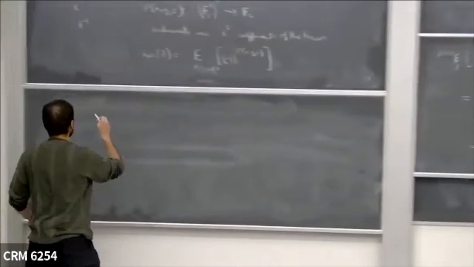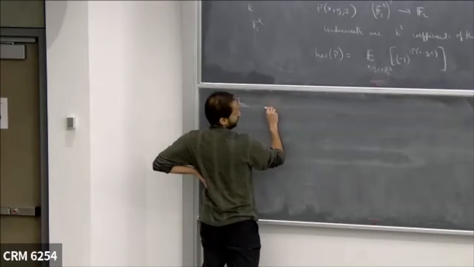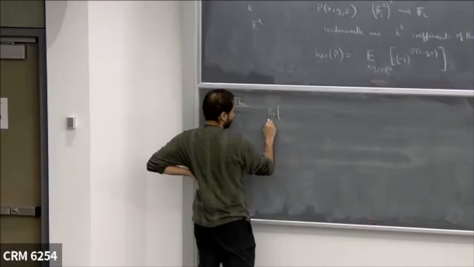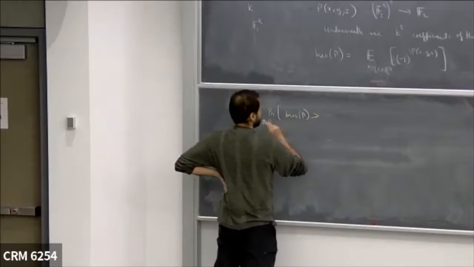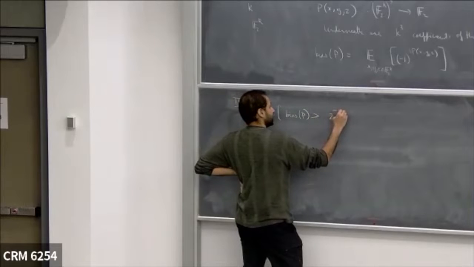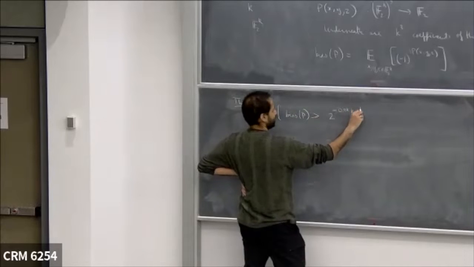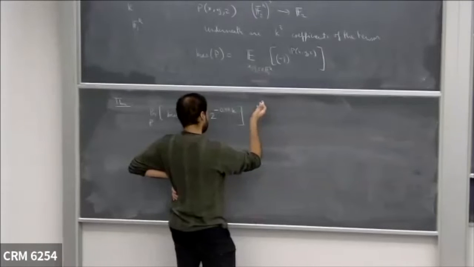Okay, so the theorem statement is that the probability over a uniformly random P that the bias of P is greater than 2 to the minus 0.99k, where 0.99 is shorthand for 1 minus epsilon, is small.